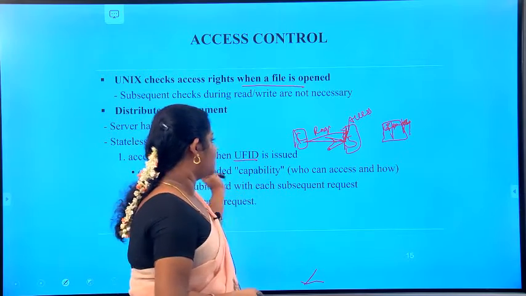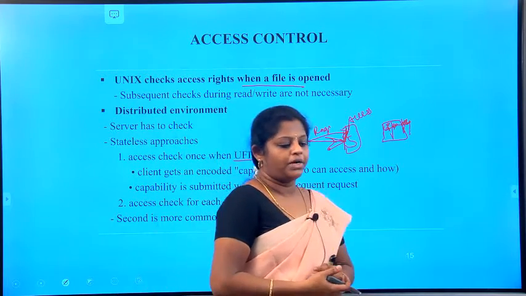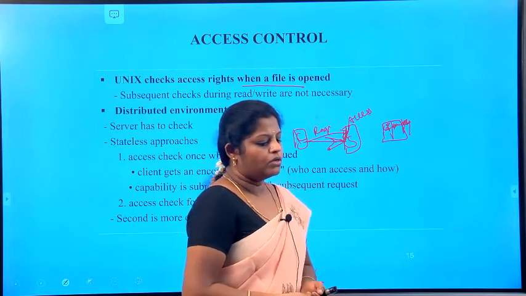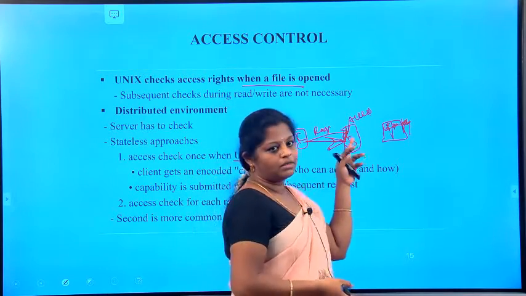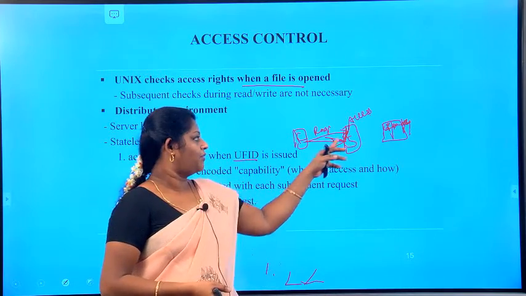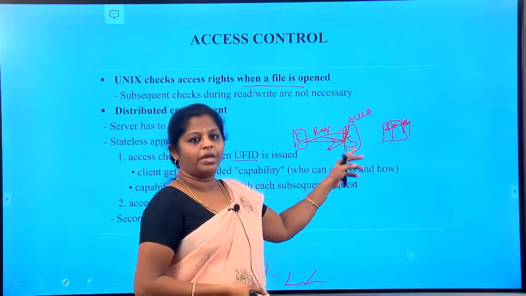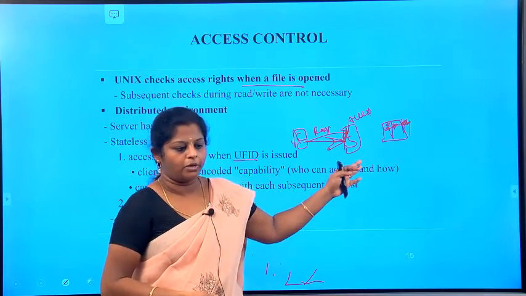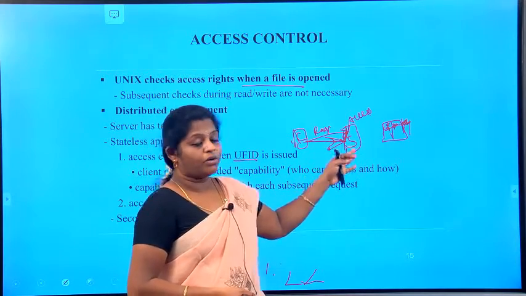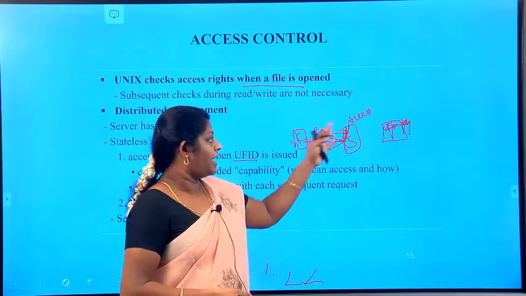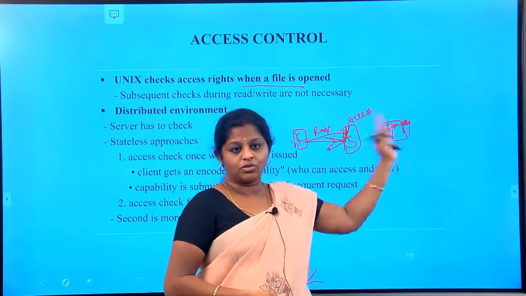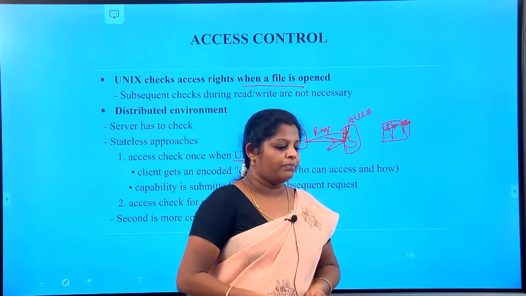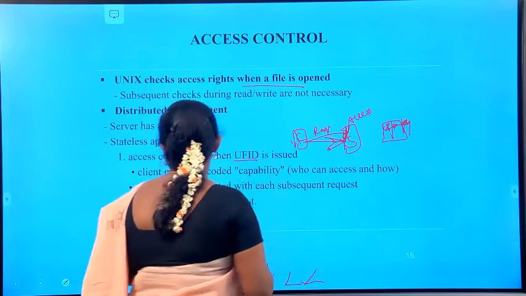So at the beginning the server checks those things and allows the client inside. Okay, so once the client enters, after checking the access rights, the server opens the file, and client access is given to that particular file. Until the file is closed, the client has that particular access to perform those access operations on that file. Okay, that is what access control is.